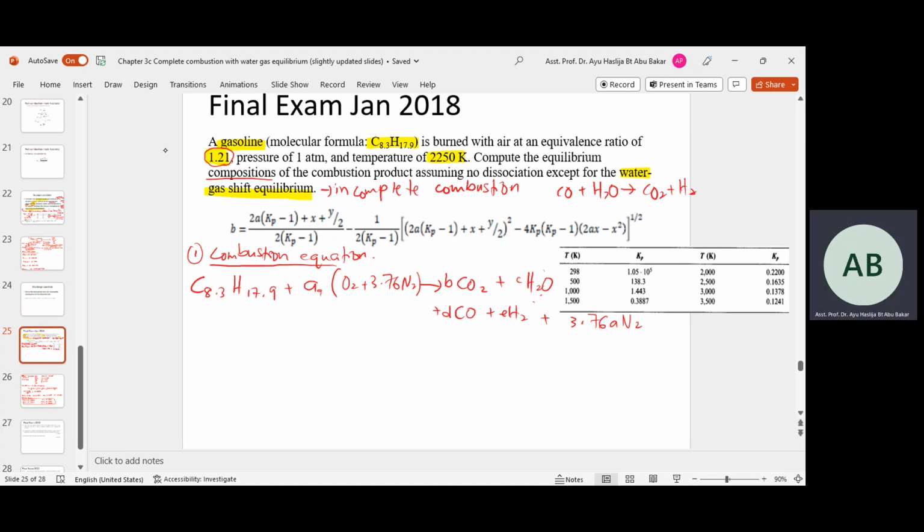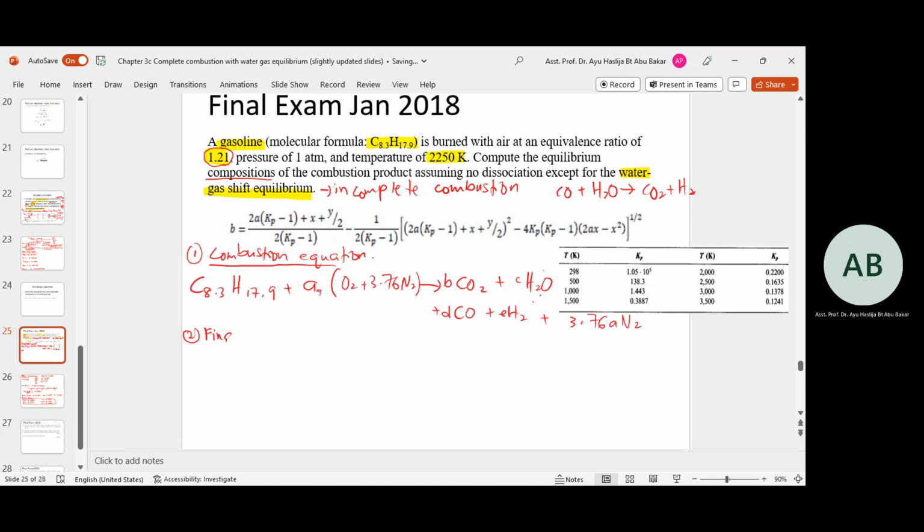But how about A actual? Okay, how to find the A actual? There is no percent of air given. You only have the equivalence ratio.